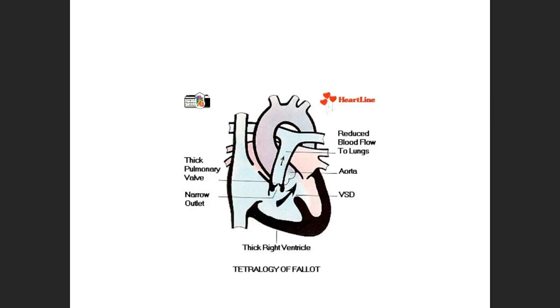And in this diagram here, we can see an arrow showing the flow of blood from the right ventricle into the left ventricle in tetralogy of Fallot, because there is a large ventricular septal defect, which facilitates the flow of blood from the right ventricle into the left ventricle and into the ascending aorta. So that's a right to left shunt, which will cause the patient to become cyanosed.